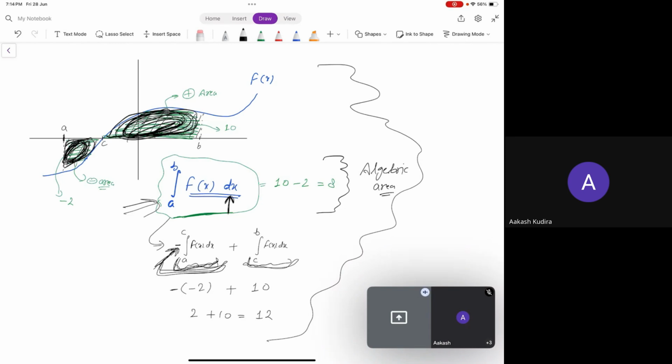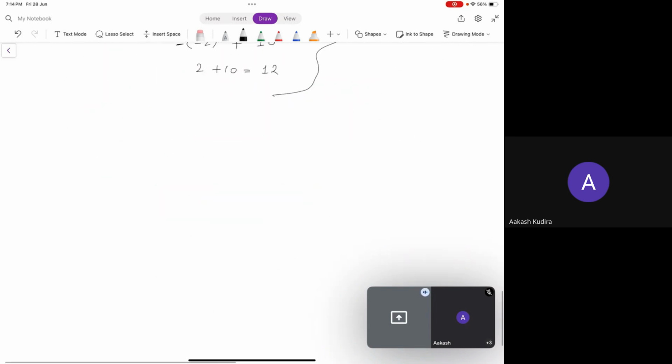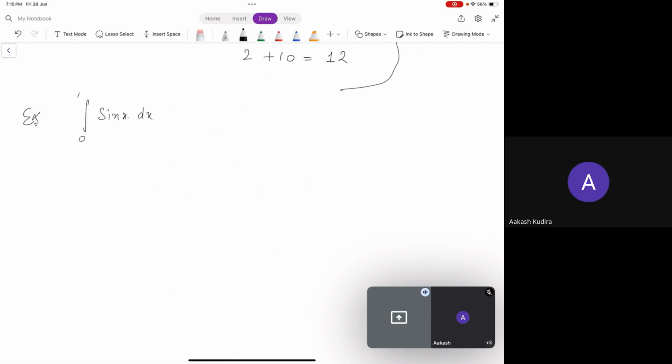Now there are so many questions in different integrations which you can do without using integration, for example, if you know the graph. Take integration of sin x dx, a very basic question, from 0 to pi by 2.